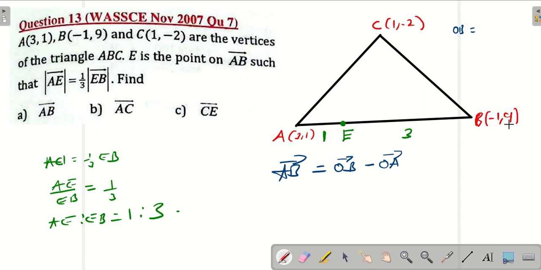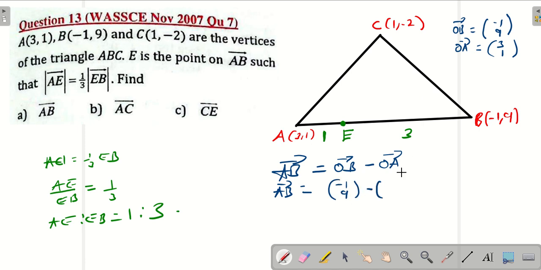OB is the same as the point B, but it has to be written in terms of a vector as (-1, 9). Then our OA must also be written as a vector, that is (3, 1). So we have AB equal to OB, (-1, 9), minus OA, (3, 1). And that will give us (-4, 8). So we are done with AB.